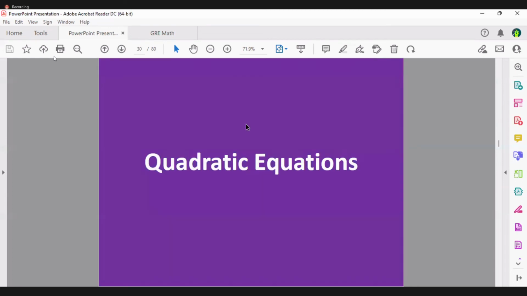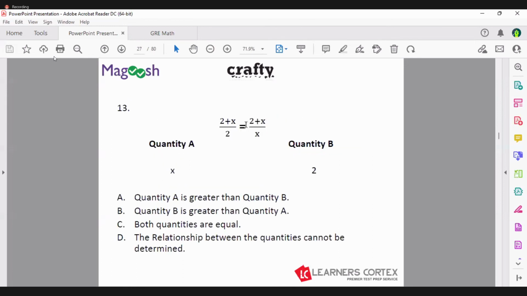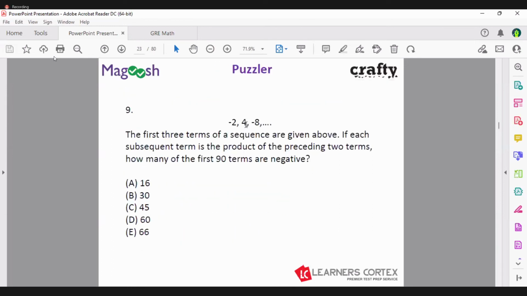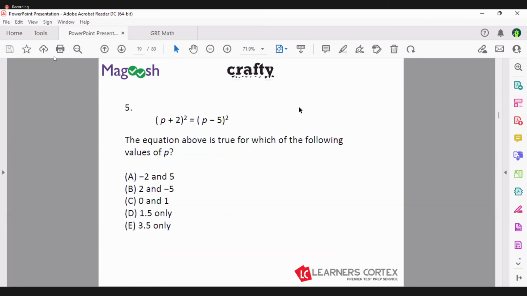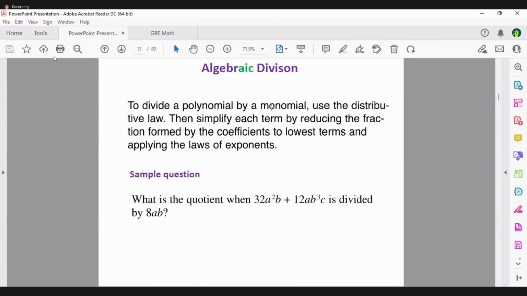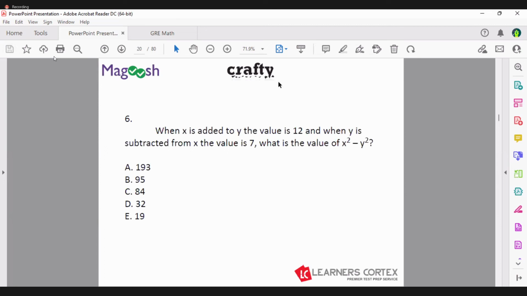Until 15 I gave for the homework. No, sir, no homework was given from algebra. Okay, then wonderful. Since we have already covered the basics of algebra, we can cover better portions of it. We'll start with the questions right away.